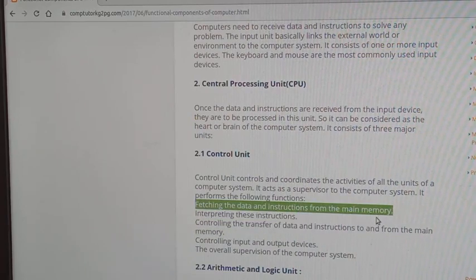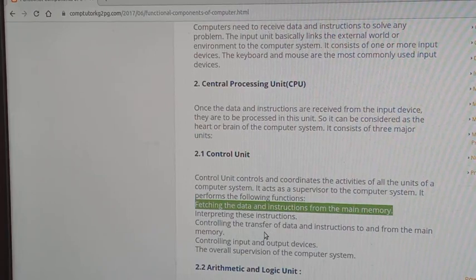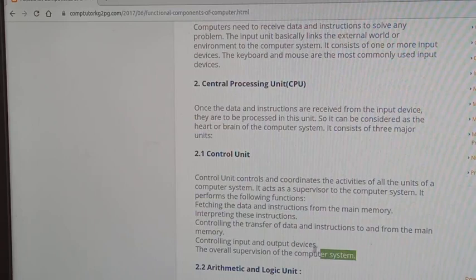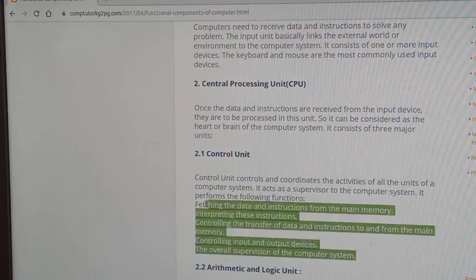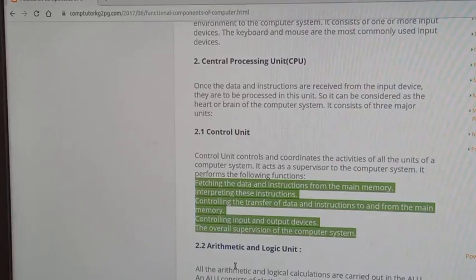I already told that all the data first we need to save to the main memory. Then interpreting the instruction. Then controlling the transfer of the data and instructions to and from the main memory. Then controlling input and output devices, the overall supervision of the computer system, which means that the overall operation performed in a CPU is controlled by whom? The control unit.